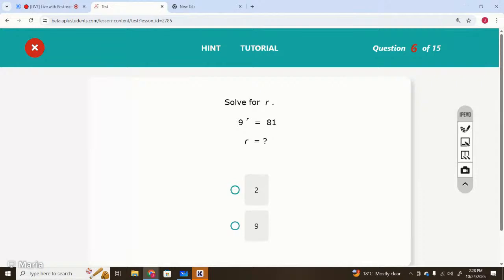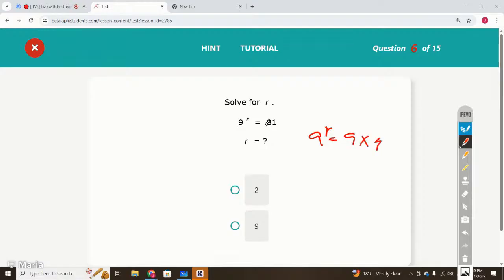9 exponent r equals 9 times 9. 9 exponent r equals 9 square.